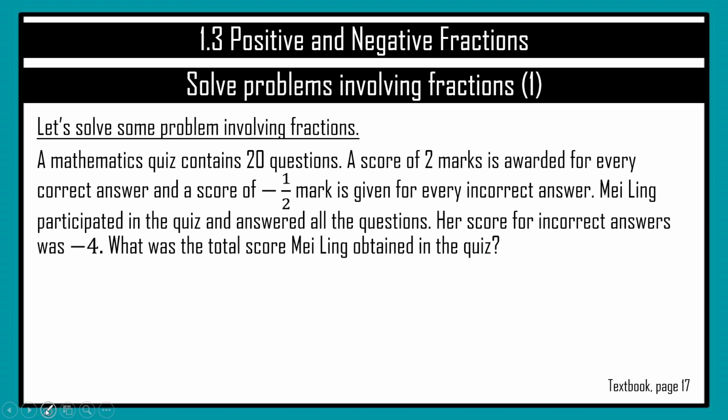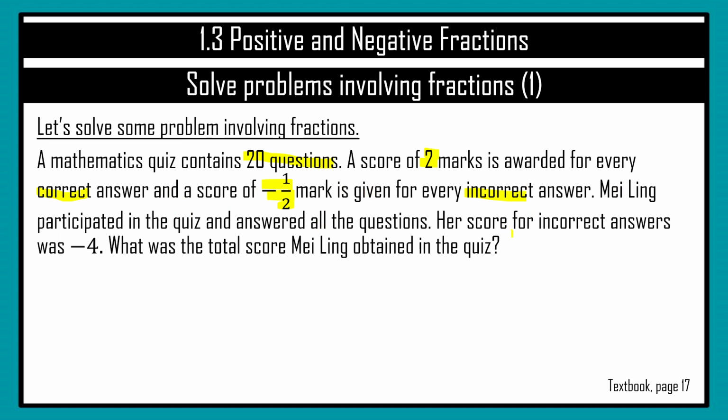Now let's look at what is the information given. We know that this quiz has 20 questions. If you get correct, you get 2 marks. If you get incorrect, you get negative 1/2. Okay, incorrect means wrong. And Mei Ling participated in this quiz and answered all 20 questions.